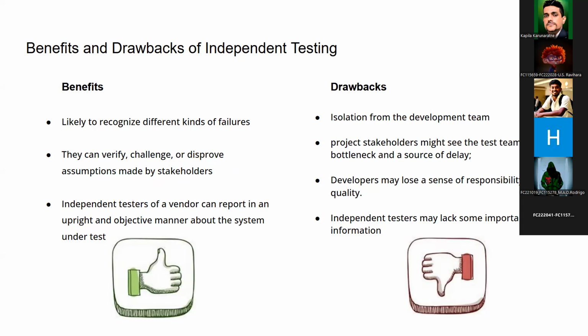So they will have their own view, and they can verify, challenge, or disapprove some of the assumptions taken by stakeholders or other parties of the project. Because of the independence, they will have the right to challenge things and get things correct.